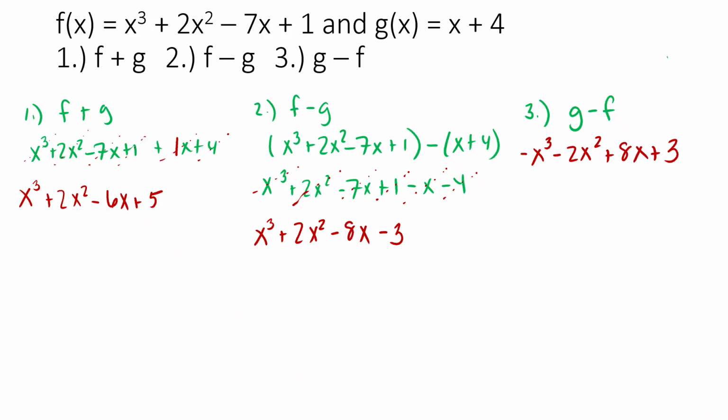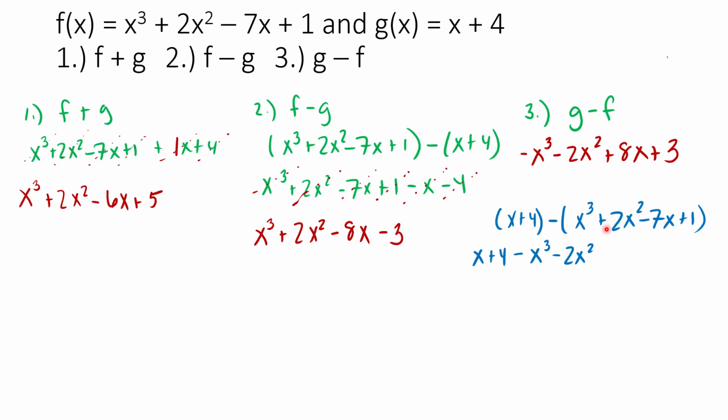Now, I am not a fan of shortcuts. So I would rather, and you should too, if you are not sure of that, if that seems like math voodoo, like the magic happened, do it out. So we have x plus 4 minus x to the third minus 2x squared. So what I'm doing here is making sure that I am subtracting everything in the parentheses.